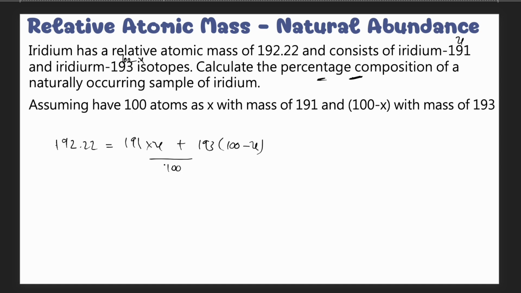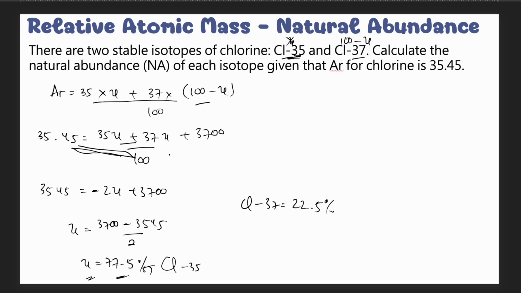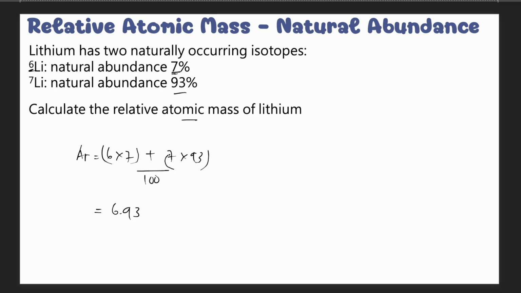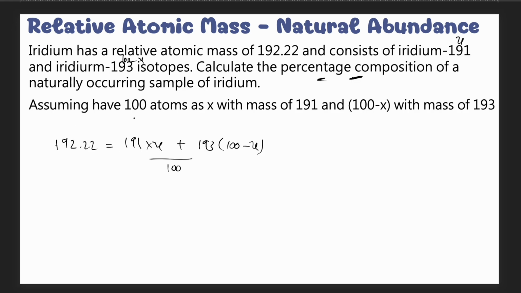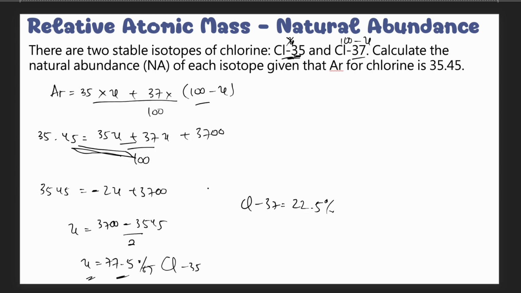It's the same as when we calculate the natural abundance of Cl. So this would be 19,222 equals 191x plus 193, no, minus, because it's minus x, and then this one is plus.